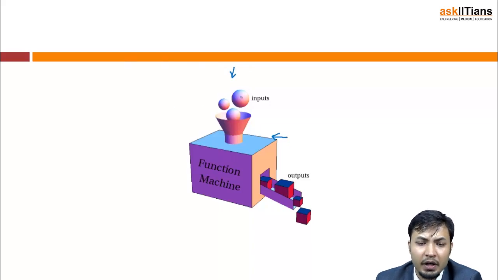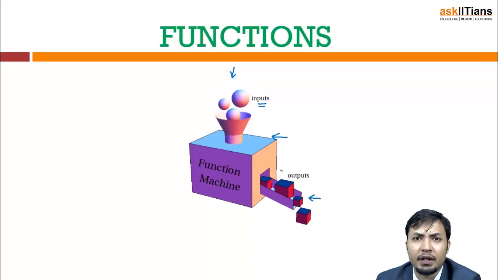These are my inputs. Everything goes in there. The machine runs, it is processed, and in the output, I get these things. Now this is all that we are going to study. So basically, a function is something that tells us what is the processing of any numerical equation that involves constant as well as variables.